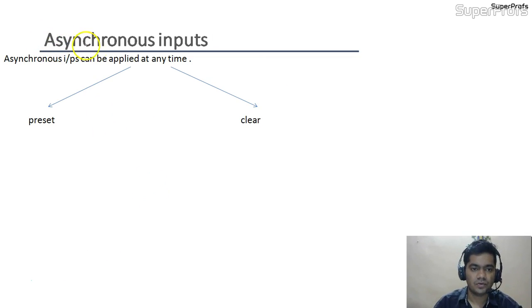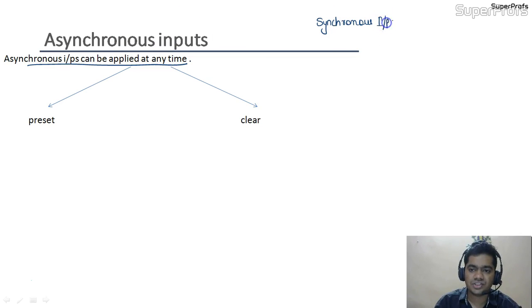So now we are going to discuss asynchronous inputs. First of all, we should understand what asynchronous inputs are. Asynchronous inputs can be applied at any time. So how is it different from synchronous inputs, and what would be the synchronous inputs? Suppose we have a JK flip-flop.